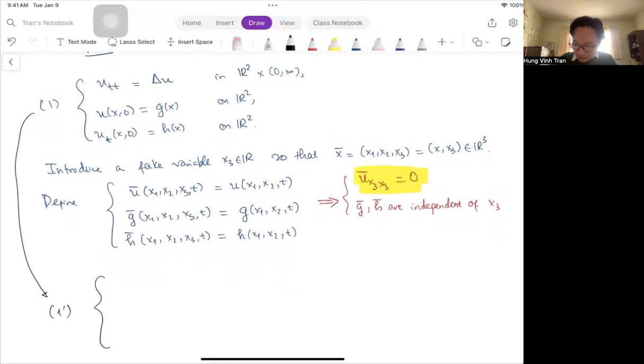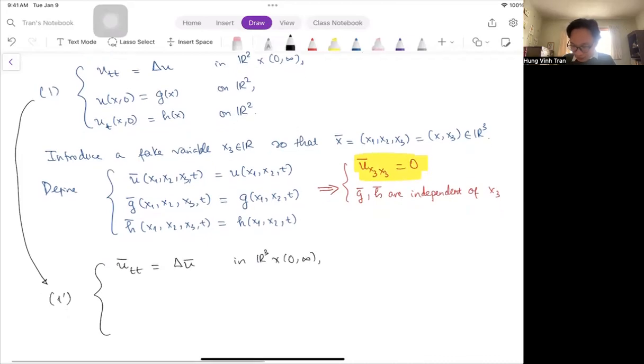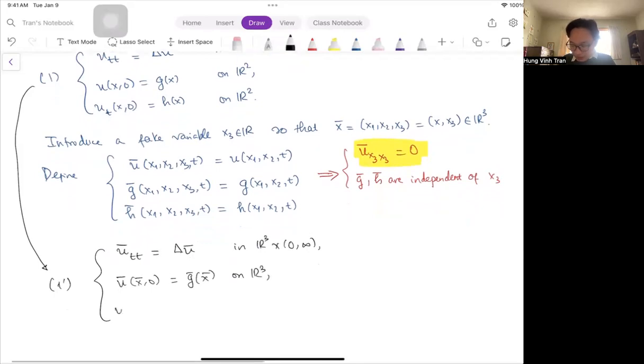So u bar satisfies exactly this wave equation, but now in R3, with u bar of x bar, 0 equals g bar of x bar on R3, and u bar t at x bar, 0 equals h bar of x bar on R3.